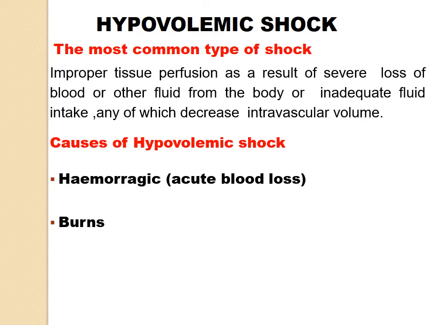Number two, burns, also responsible for the decrease in volume. And the third is excessive vomiting and diarrhea, another cause responsible for loss of fluid. So it is also a major cause of hypovolemic shock.